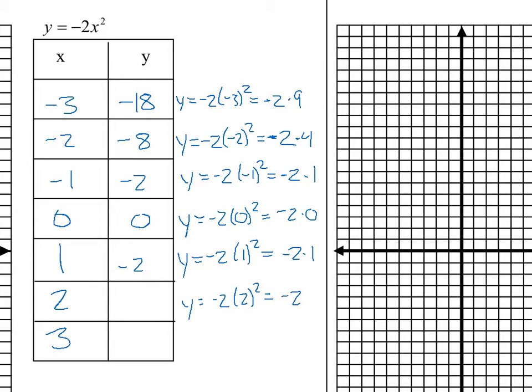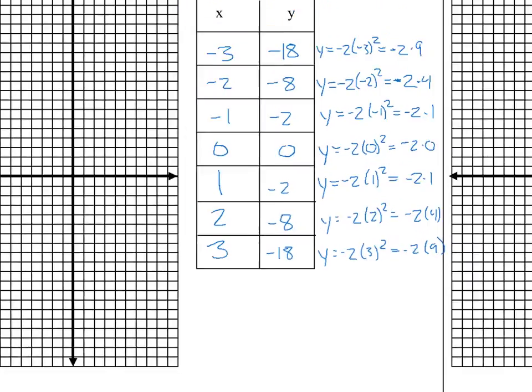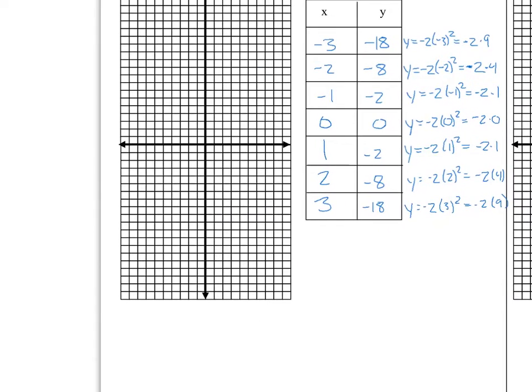And negative 2 times 4 is negative 8. And finally, y equals negative 2 times 3 squared. 3 squared is 9. Negative 2 times 9 is negative 18. So we'll go over here and graph these points.